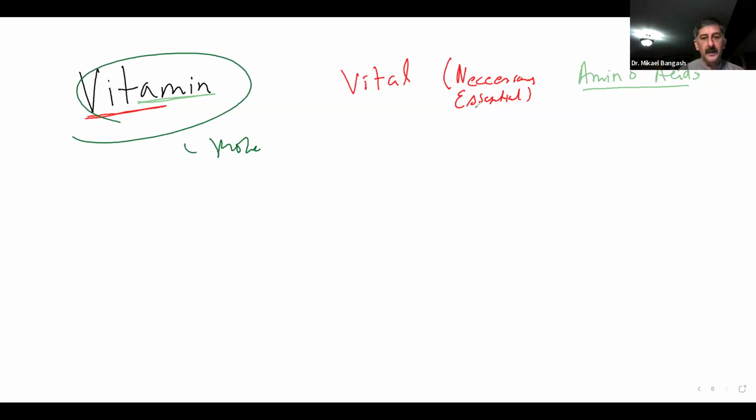Well, you may have heard the word essential amino acids. And why do we call them essential? Because the only way for your body to get these amino acids is through your diet.